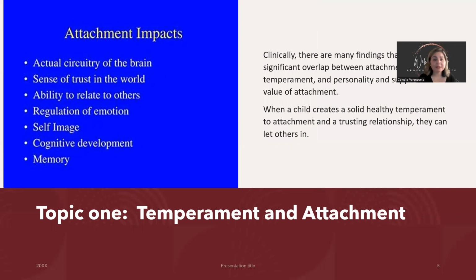It really affects the self-image of a child, the cognitive development, the ability to relate to others because they're very close-minded and just really focused on what is making them fearful, right? So how do we kind of open that door to let us in and let that calmness start to develop?